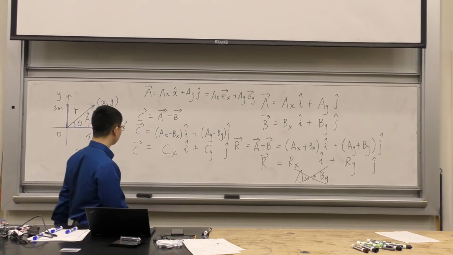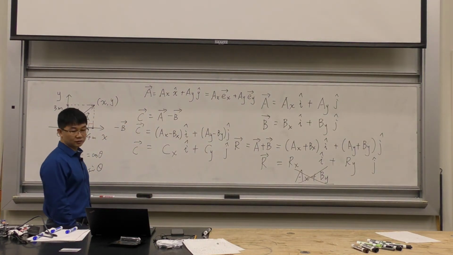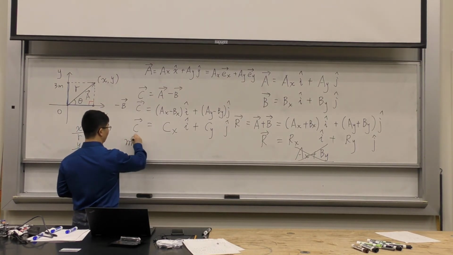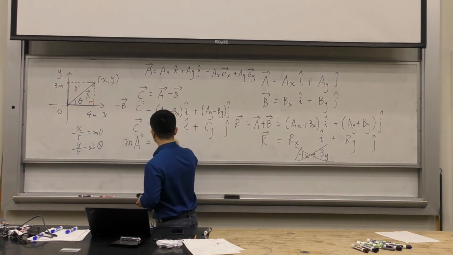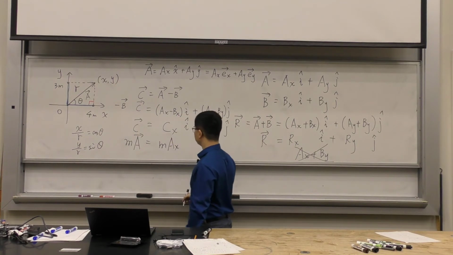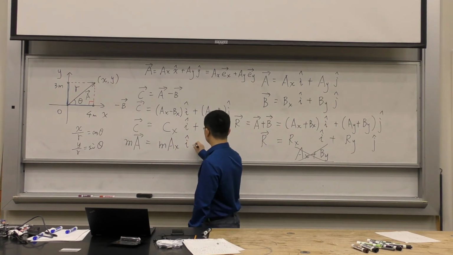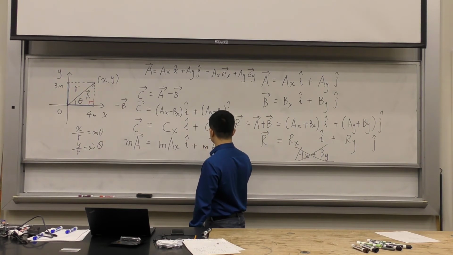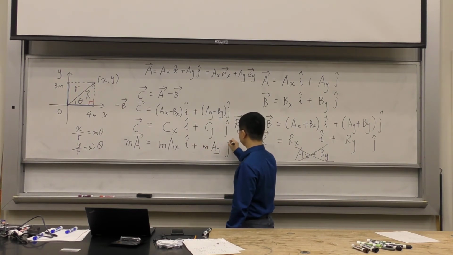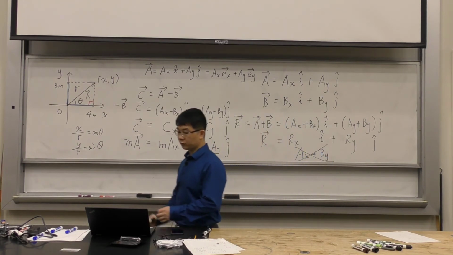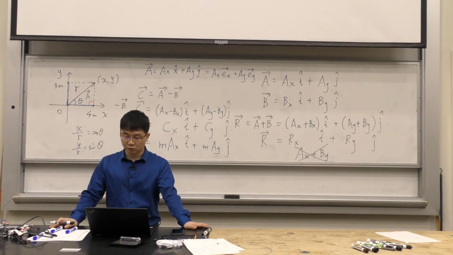And of course, if you want to multiply a vector with a number, okay, so all you need to do is just multiply the x component with that number. That's going to give you the new x component in x direction. You multiply the y component with that number, right? So it's much nicer than drawing these vectors pictorially.